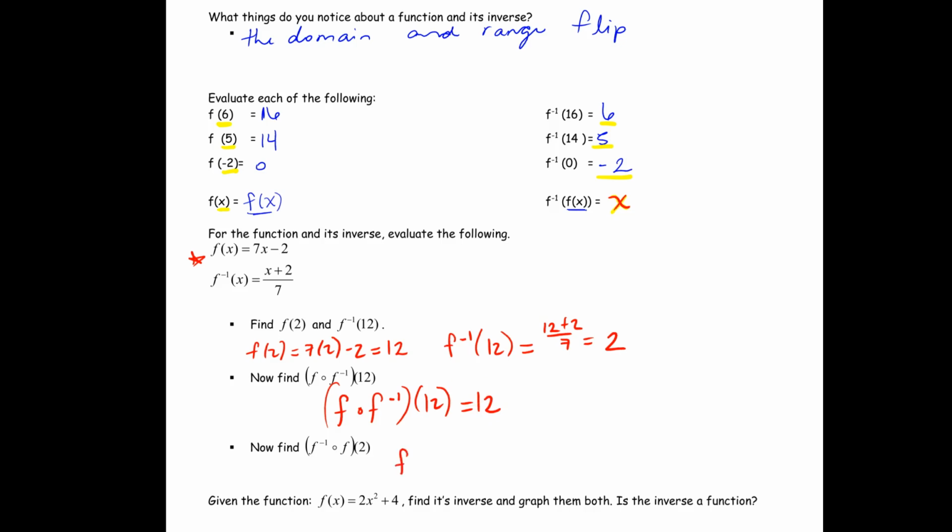What would be the inverse of the function at 2? 2. Now, if you didn't believe me, you could plug 12 into the inverse function, take that answer and plug it into the outside function f, and you're going to find the same thing come out. An inverse is like opposite day. It just undoes whatever was done to x and brings it back to its original form.